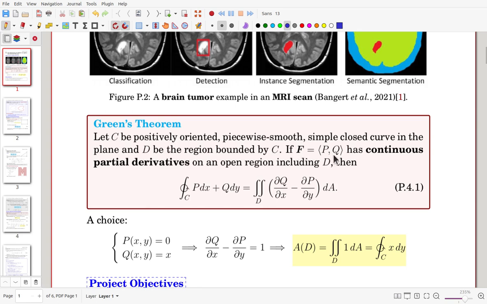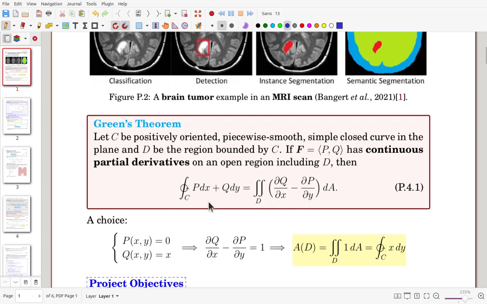F = (P, Q) has continuous partial derivatives on an open region including D. Then the line integral along the curve C, P dx plus Q dy, can be obtained through this regional integral: Q x derivative minus P y derivative.